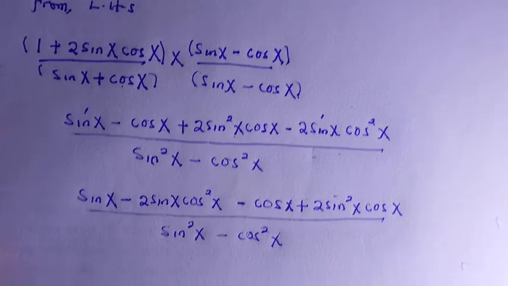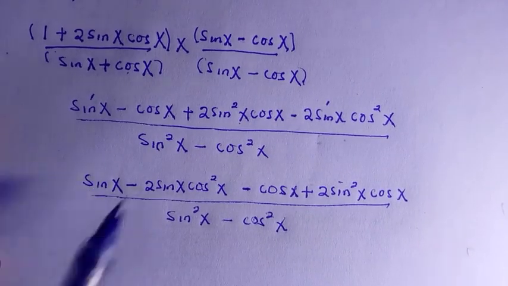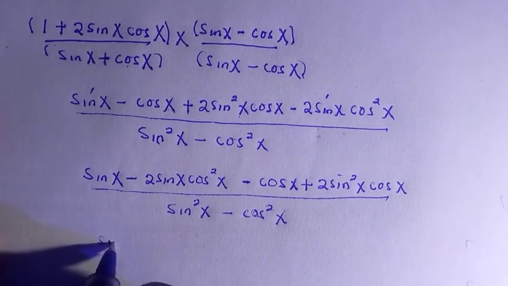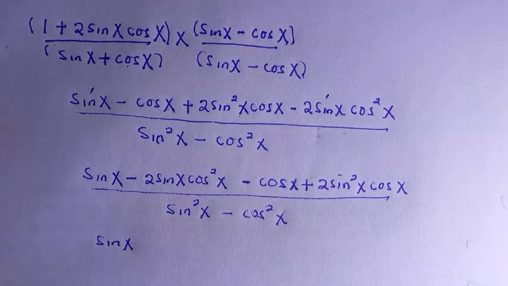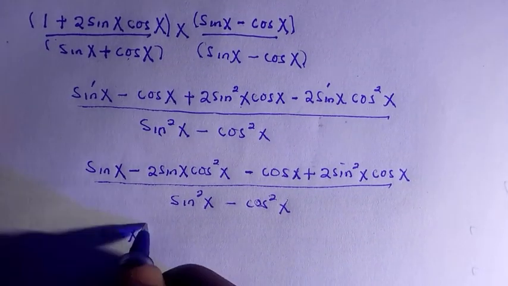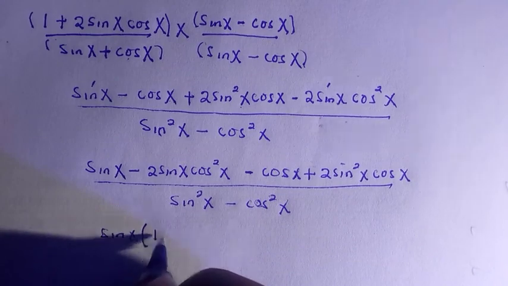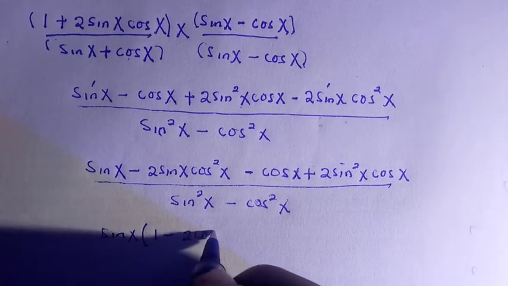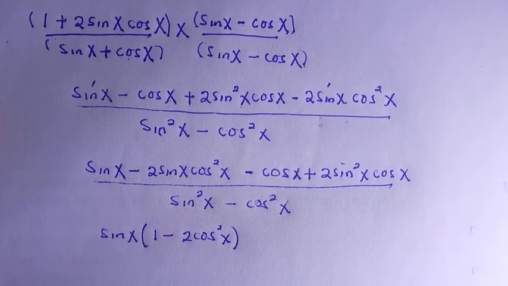And after the collection of these terms, we are going to take out sine x, and we have remaining 1 minus 2 cos square x.